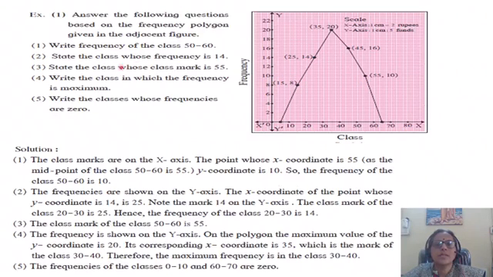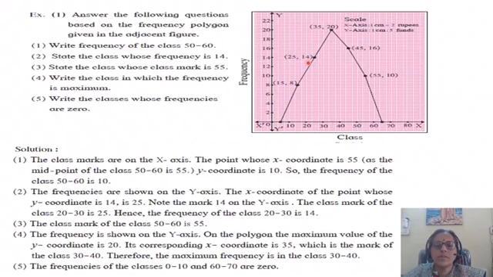Second question: state the class whose frequency is 14. The frequency is shown on the y-axis. The x coordinate of the point whose y coordinate is 14 is 25.